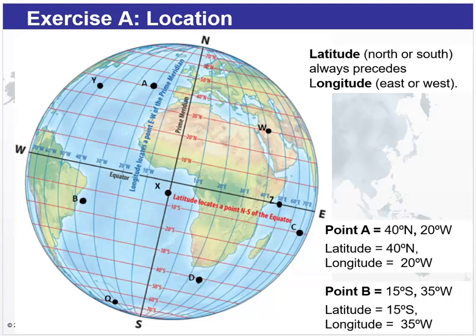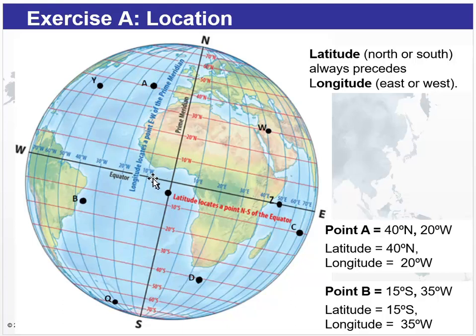So if we are trying to find point A, we are going to start with our line of latitude, that is our latitude, our horizontal line. So even though there are these numbers on the equator, what we really are doing is looking for which parallel line we are going to get to.